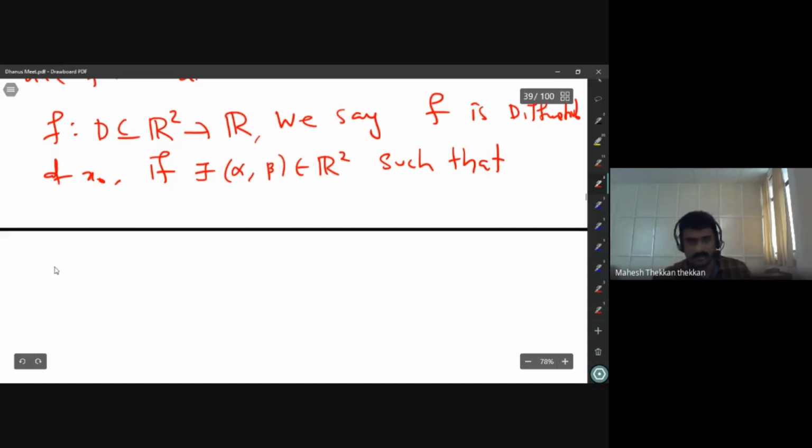The limit, since I say it is differentiable at x naught y naught, sorry, at x naught y naught.